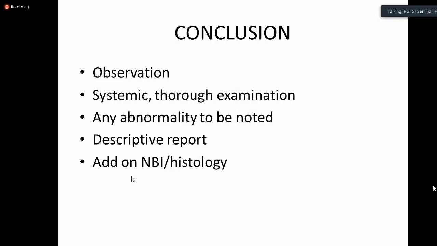And wherever necessary, you have to have narrowband imaging, EUS, or histology to supplement your findings. But white light endoscopy remains the first examination, the endoscopic examination anyone would carry anywhere in the world for any of the GI symptoms.